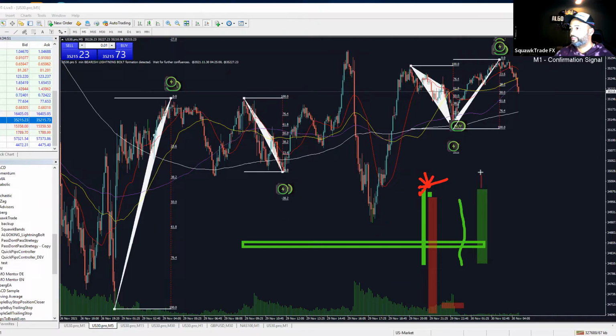Forgive me, this is going to be a green wick, and then the next candle closes like this. Once it closes like this is when the lightning bolt will be drawn. Not on that bar, but on the bar after.